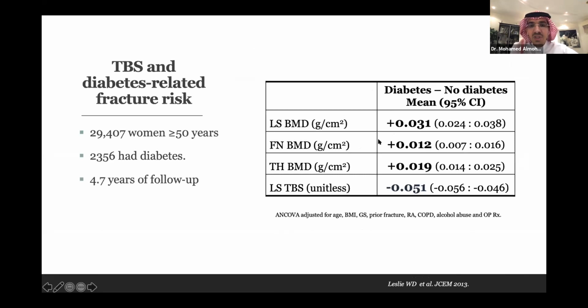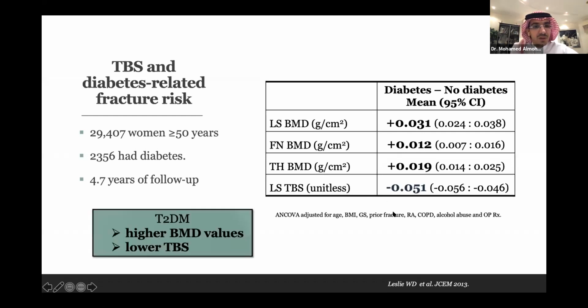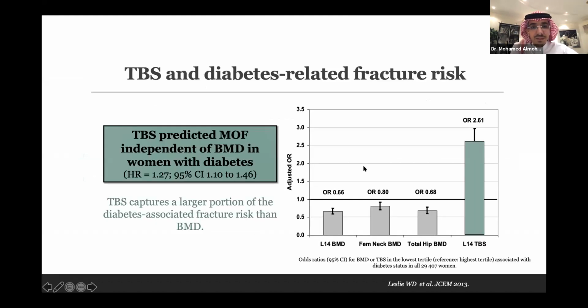As you can appreciate here in the table, with the BMD values in comparison to the control group, the type 2 diabetes patients have higher BMD values, as we have seen in the meta-analysis, but lower TBS values in comparison to those without diabetes. That was adjusted for multiple risk factors, of course. So in general, type 2 diabetes patients have higher BMD values, but lower TBS values.